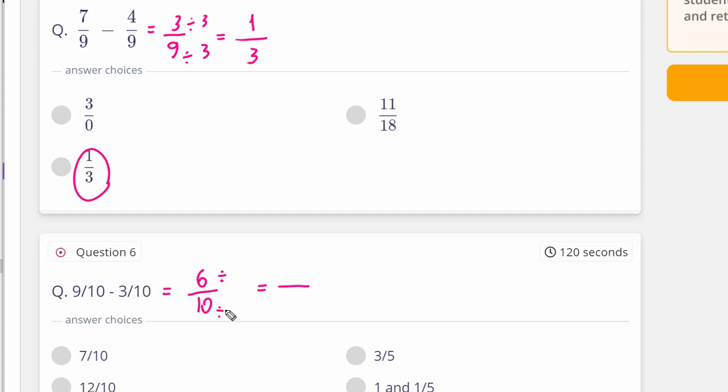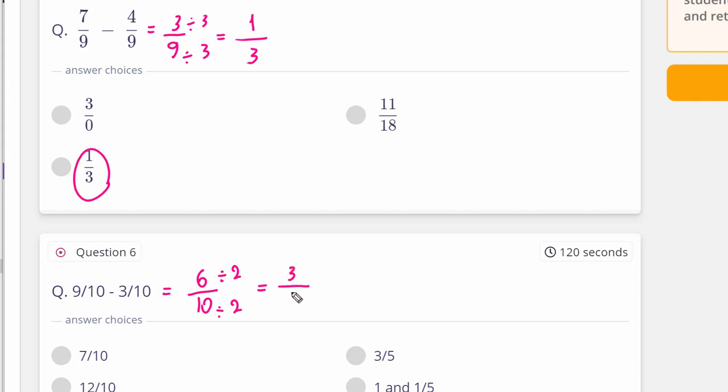Muhammad Yahya? Yes, mister, we can divide by 2. It will be 3 out of 5. So we'll divide by 2. Thank you, Muhammad. And back to Abdullah. 6 divided by 2 is 3.